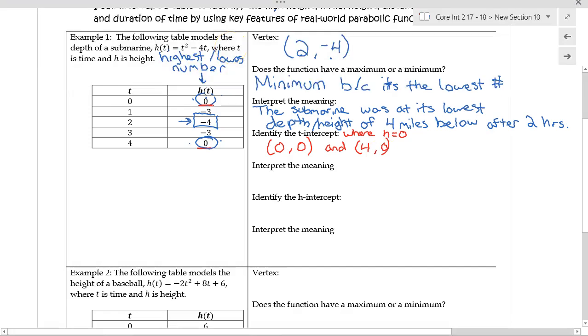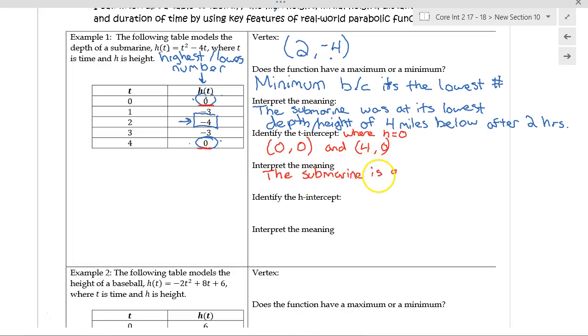We're talking about height being 0. So it's at sea level or level with the ground. So the submarine is at sea level. Again, that's like the ground in our other problems. At 0 hours and 4 hours. Once again, when your height equals 0.